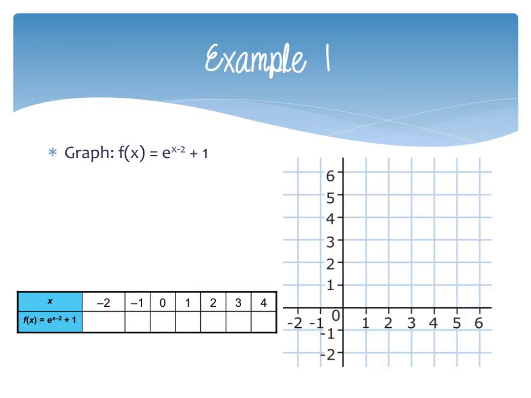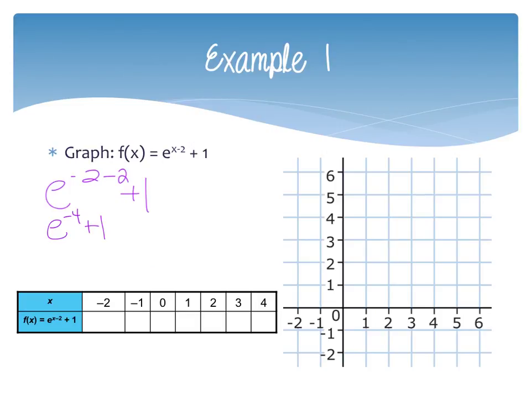So let's plug these values in, simplify first, and then plug them in. So let's take -2 first. All right, so if I were to simplify this, this becomes e to the -4th plus 1. And then I'm going to type that in the calculator. E to the -4th. And I get 0.0183 and so on and so forth.